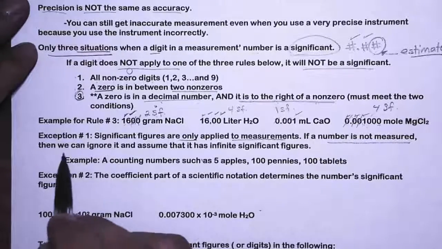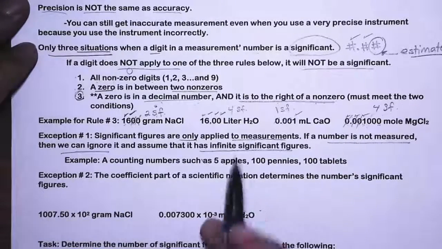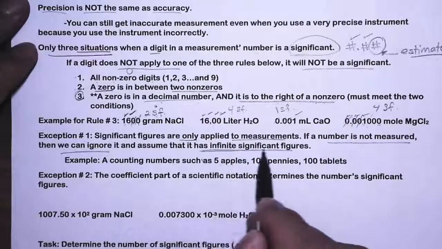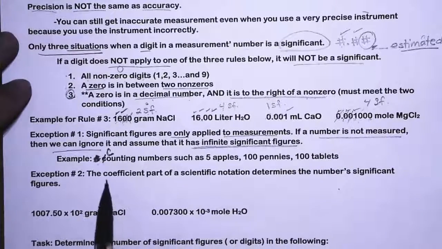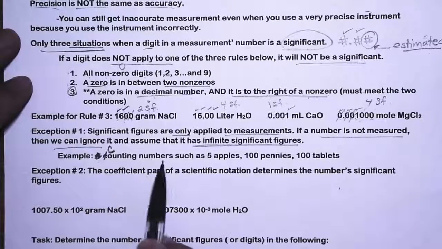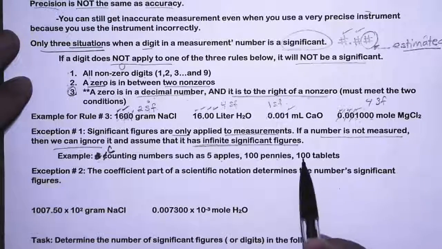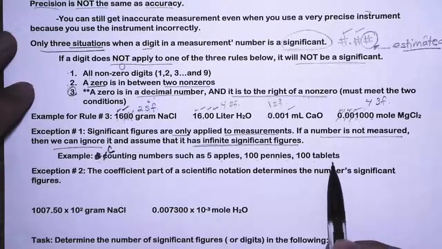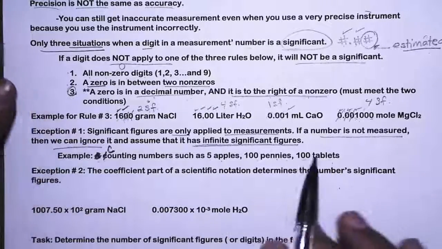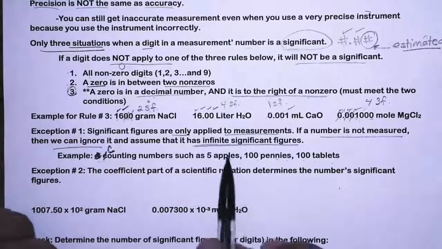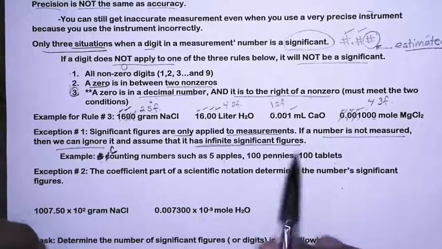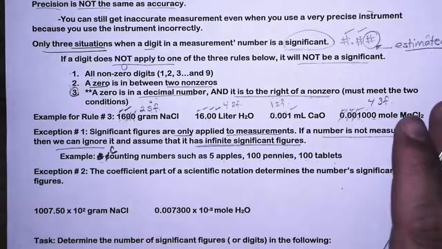That is, we can ignore it, or we can assume that it has infinite significant figures. For example, counting numbers such as 5 apples, 100 pennies, and 100 tablets. These numbers have an infinite number of significant figures. That is, we can ignore it in our calculation.